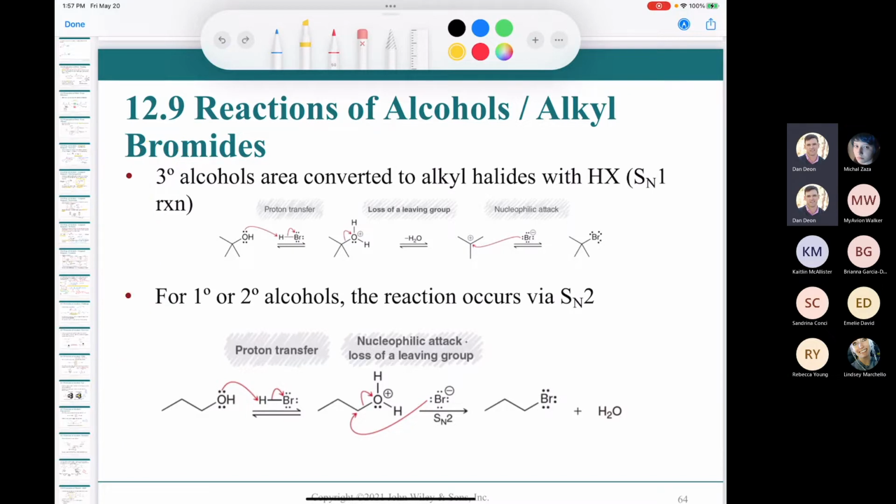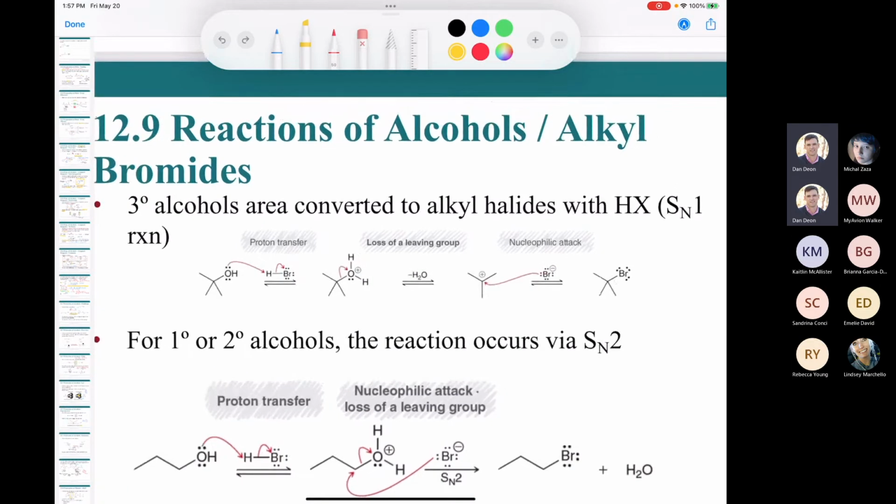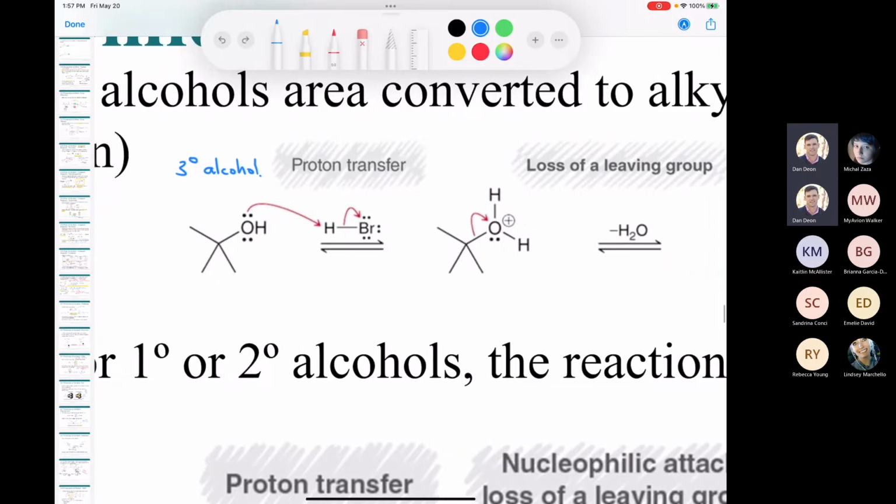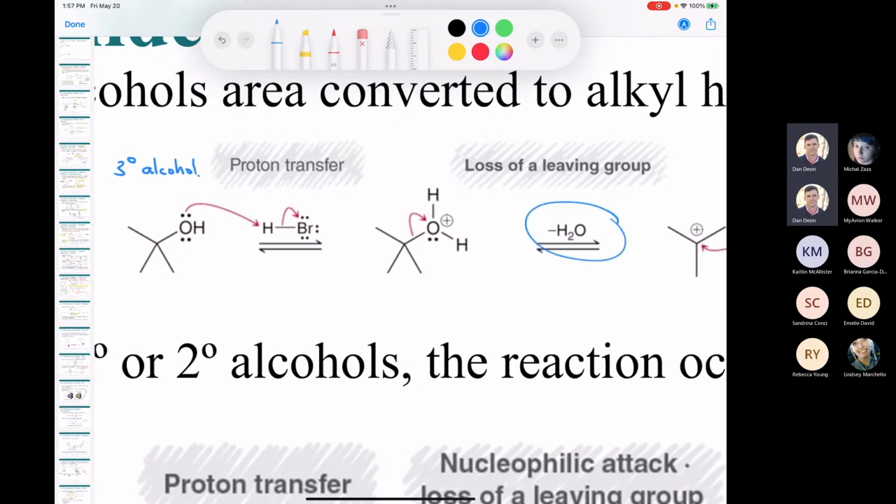We learned that when you take a tertiary alcohol and treat it with hydrogen bromide, you can end up producing a tertiary alkyl halide, and that is formed via an SN1 process. The first step is you take that tertiary alcohol, and we know that an alcohol is a horrible leaving group, a hydroxyl, and so we protonate that to form an oxonium, and the oxonium is a dandy leaving group because water is the conjugate base of hydronium, which is a strong acid.